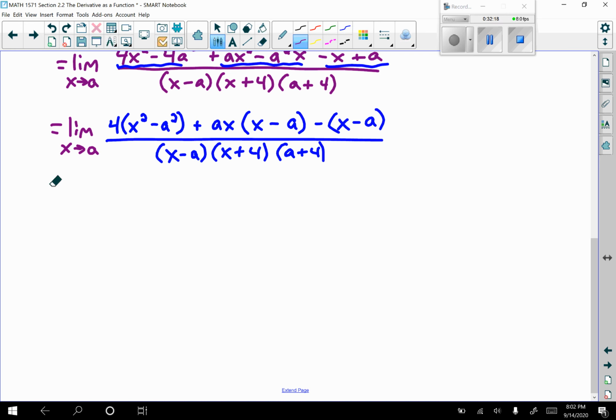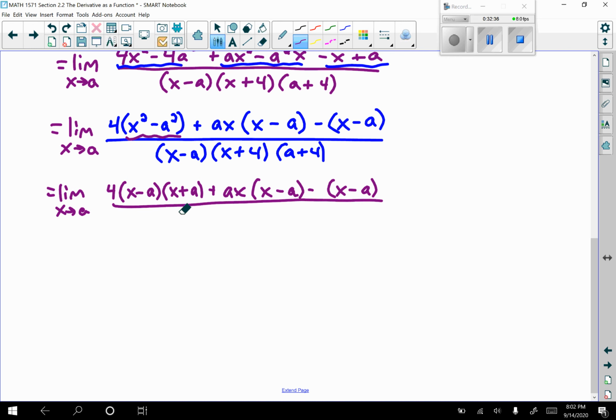All right, so let's continue this. I have one more factoring to do, and that's right here. So now this becomes 4 times the difference of squares, x minus a, x plus a, and I just recopy everything else. Kind of like with the h's, now I can cross out the x minus a's from everything.